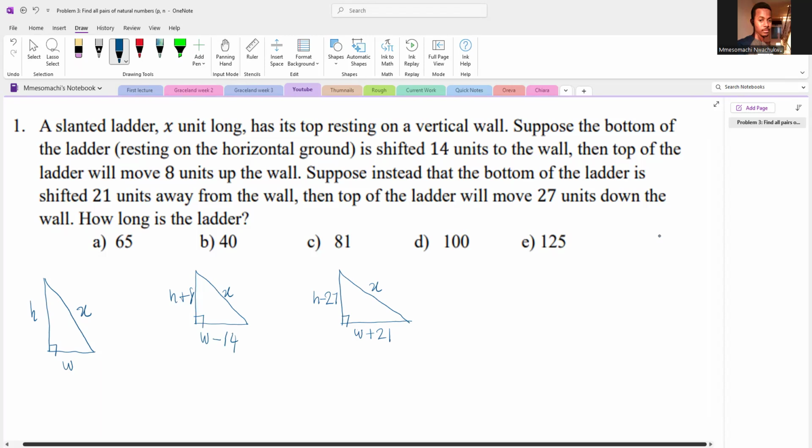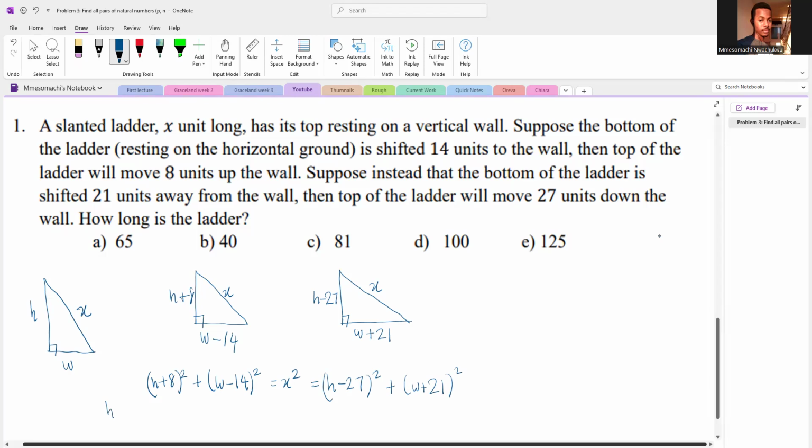What we can do is start exploring with Pythagoras theorem quickly. So we can have H plus 8 squared plus W minus 14 squared equals to X squared. And this is also equal to, we can just equate both of them, H minus 27 squared plus W plus 21 squared. So we can expand things out.